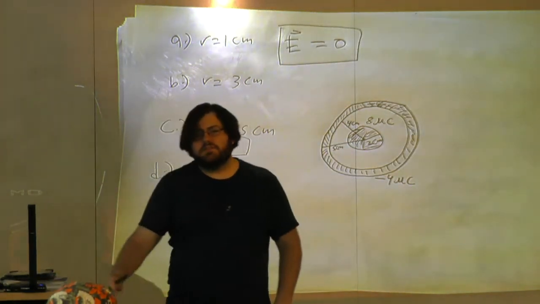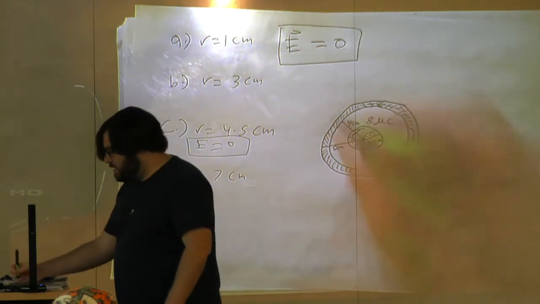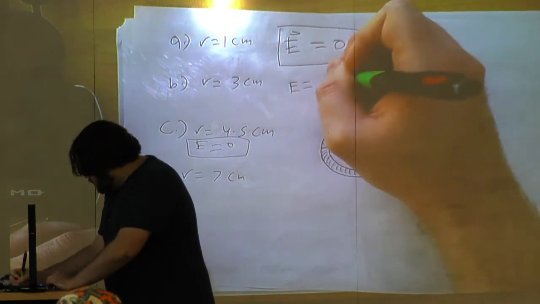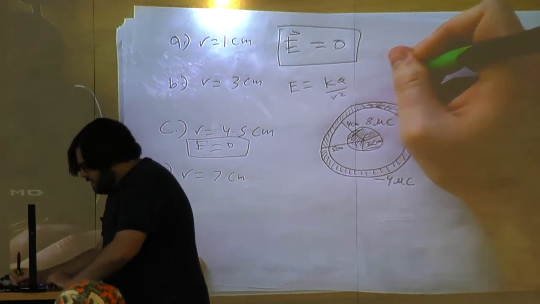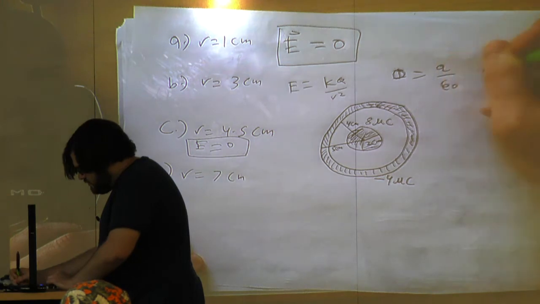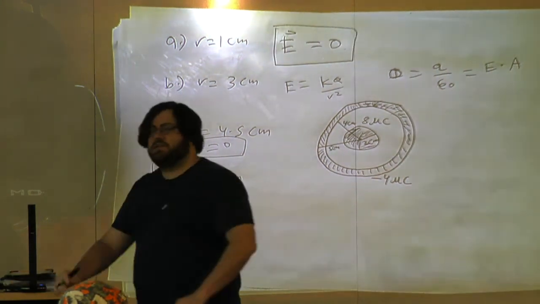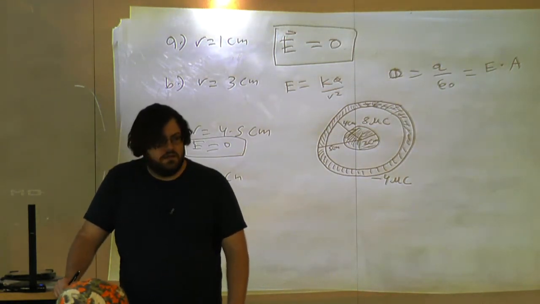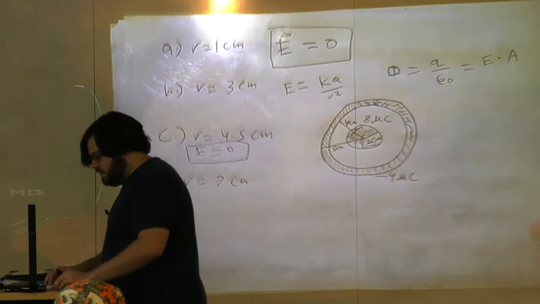Now, we actually have to solve something for B and D. There are two ways you can do this. You can, if you want, use that E equals KQ over R squared, or you can use the fact that flux is equal to Q over epsilon, which is equal to E times A. We don't need to use the cosine in this case because theta is 0, so cosine theta is 1.